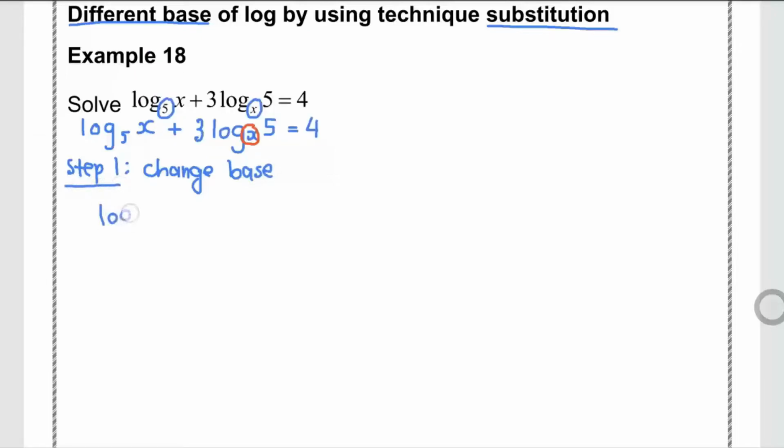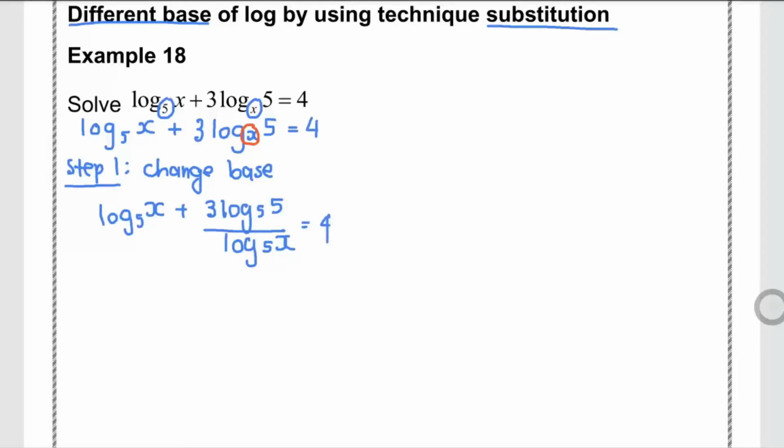So log x base 5 plus 3 log 5 base 5 over log x base 5. It is easier if we change the base to a number instead of using x as the base. That's why we change base x to base 5.